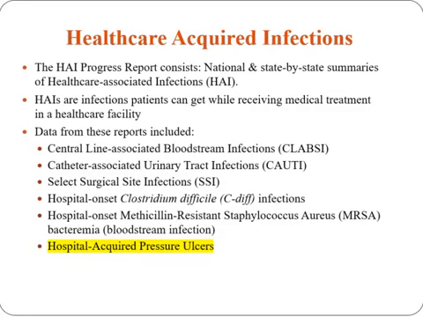You can get pneumonia. And then the one that is concerning to wounds is hospital-acquired pressure ulcers or pressure injuries. So wounds that occur while a patient is in the hospital are called hospital-acquired pressure ulcers or injuries. They're often abbreviated as HAPU or HAPI. It's not very happy though.